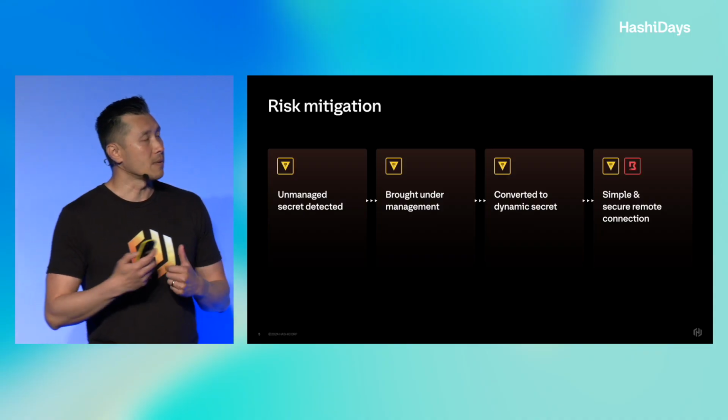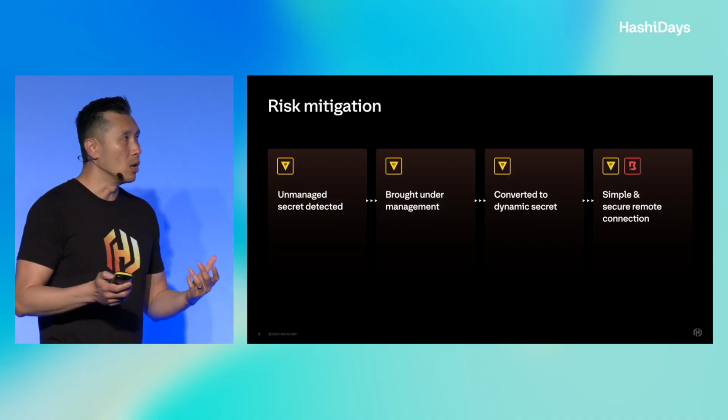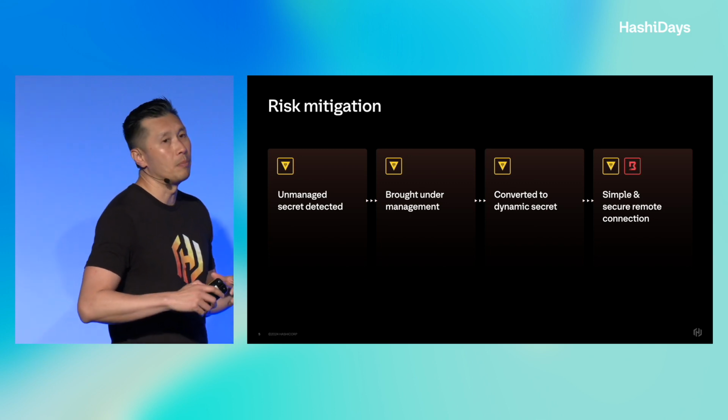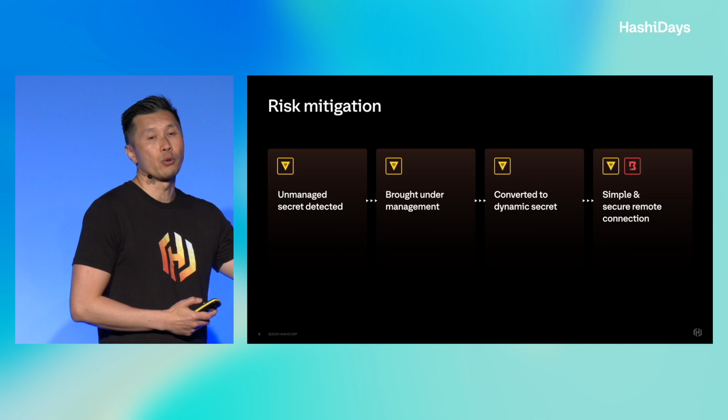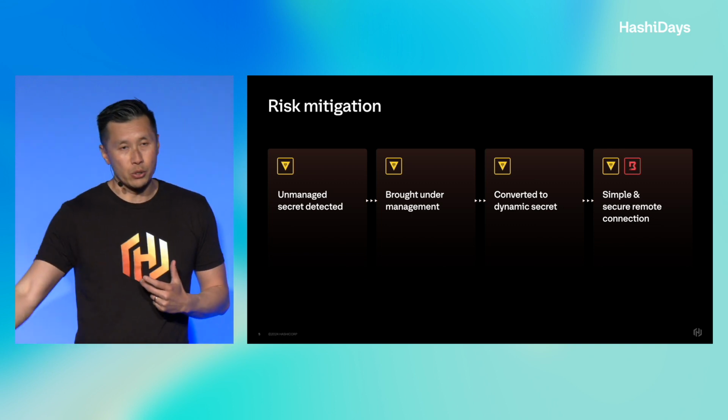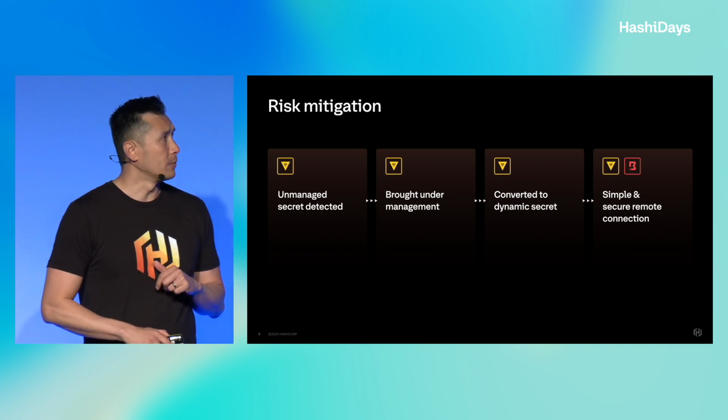Then we'll look at how we can further reduce that risk by leveraging dynamic secrets. And then we'll tie that all up in a bow and bring in Boundary to help streamline the workflow for end users who consume and use those credentials in order to access the resources inside your infrastructure, right?